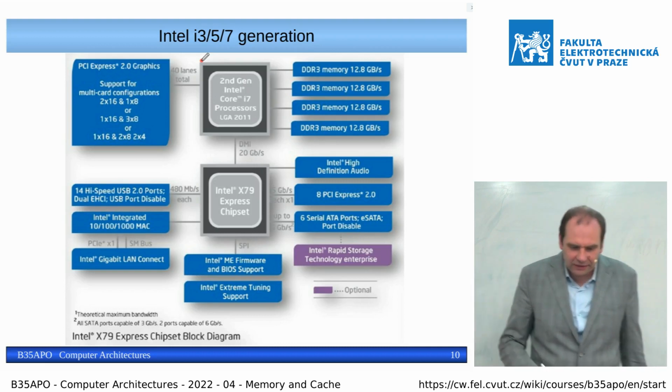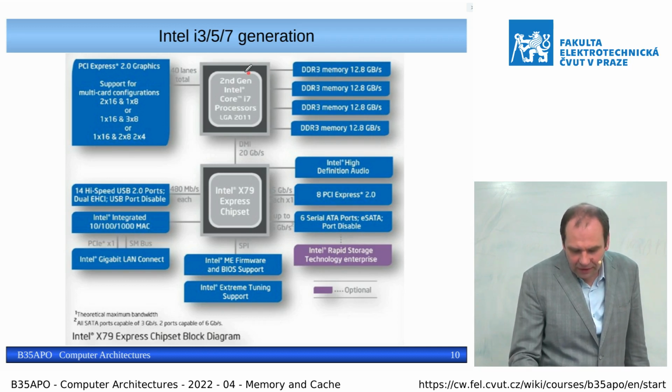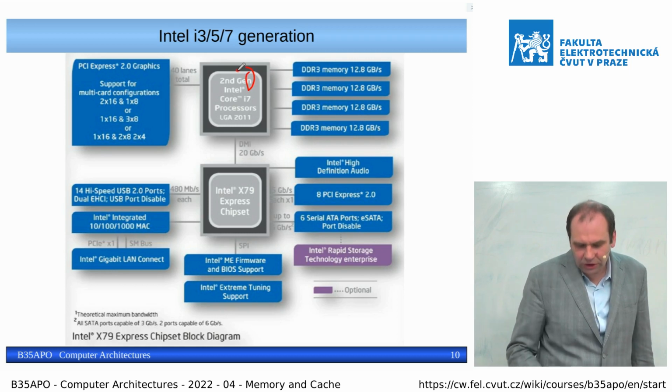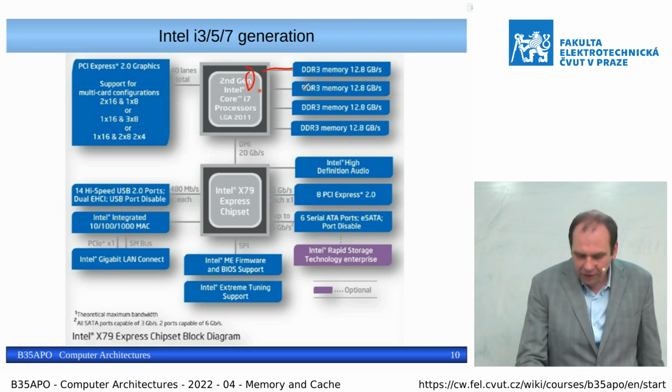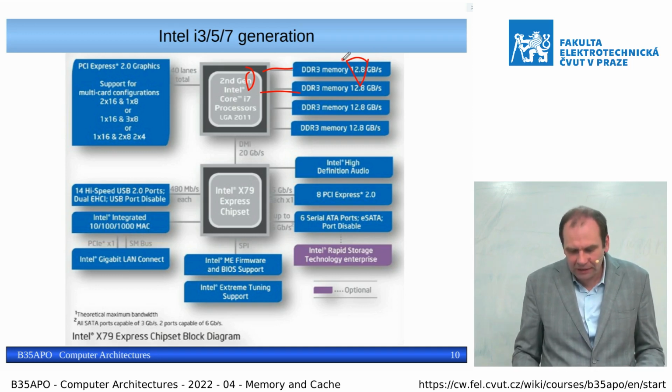But then we switch to today's generations, or their predecessors, where the actual memory controller is moved directly onto the chip of the processor. And we have multiple channels. You see that we have a throughput of gigabytes per second to the memory.